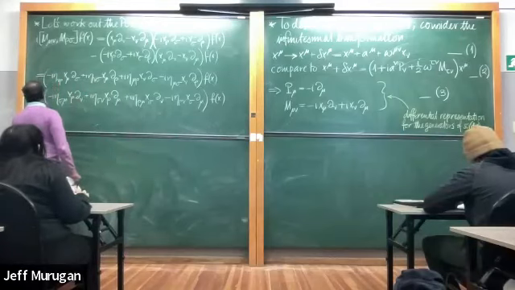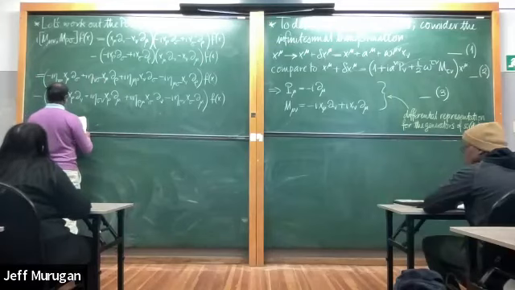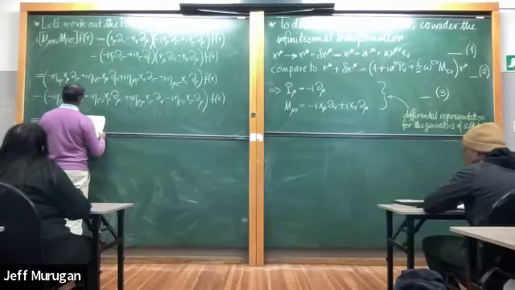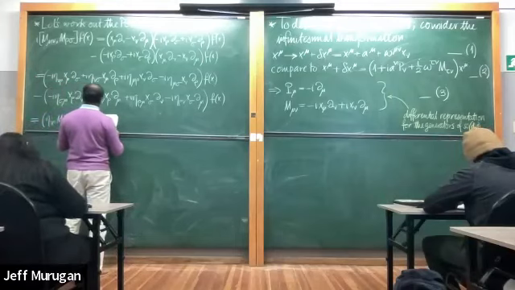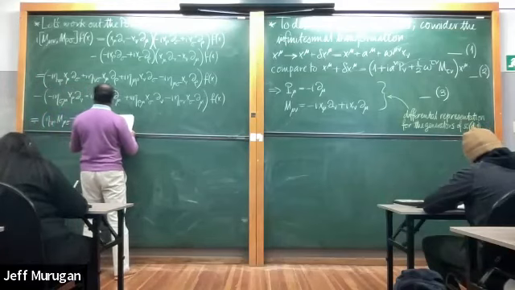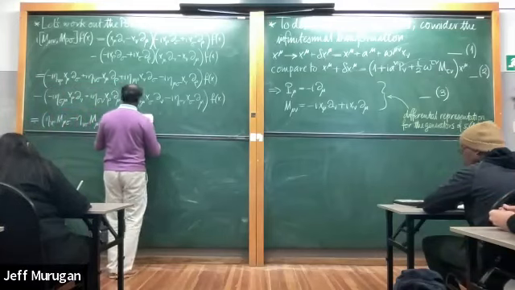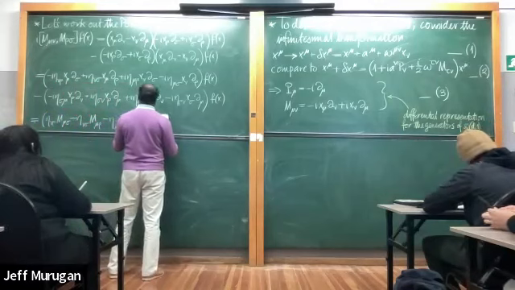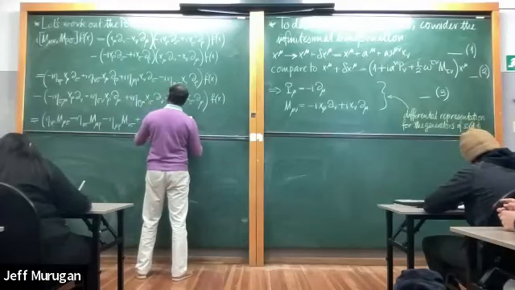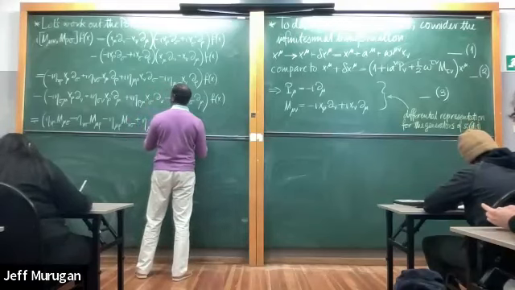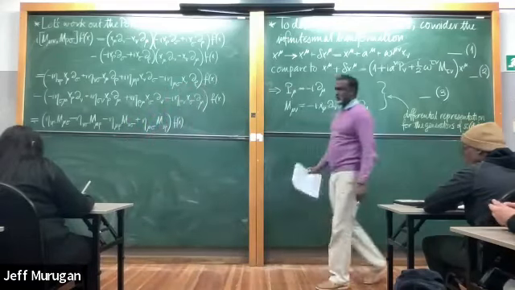By reorganizing this, we can read off that this is eta nu rho M mu sigma minus eta nu sigma M mu rho minus eta mu rho M nu sigma plus eta mu sigma M nu rho, all acting on this arbitrary test function.